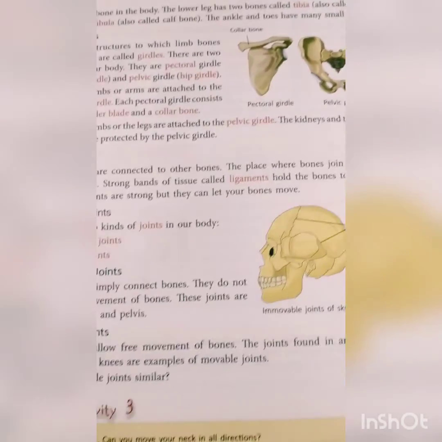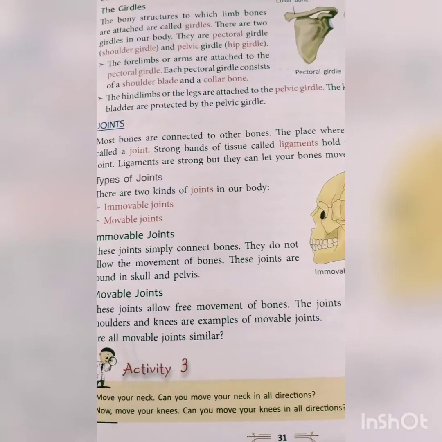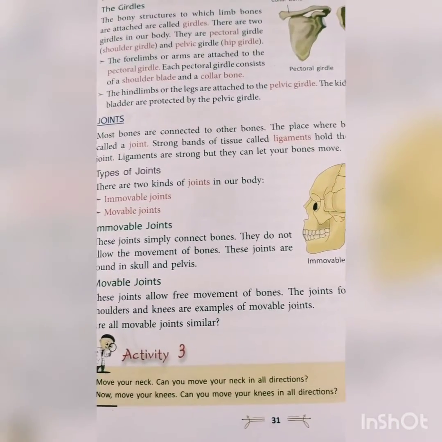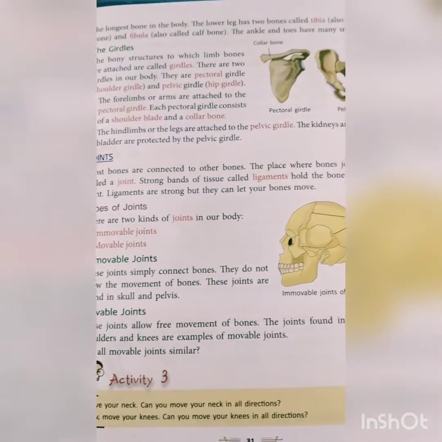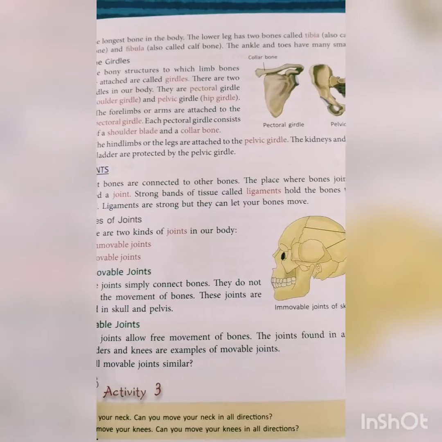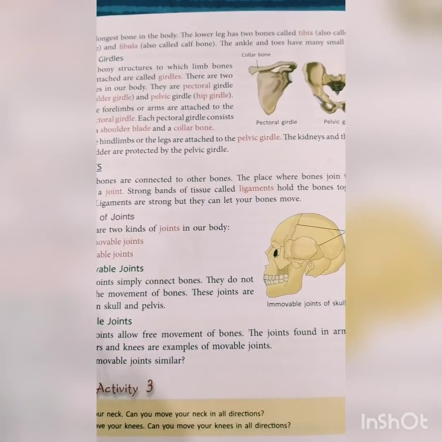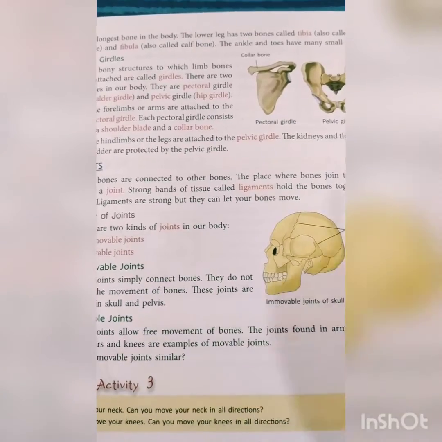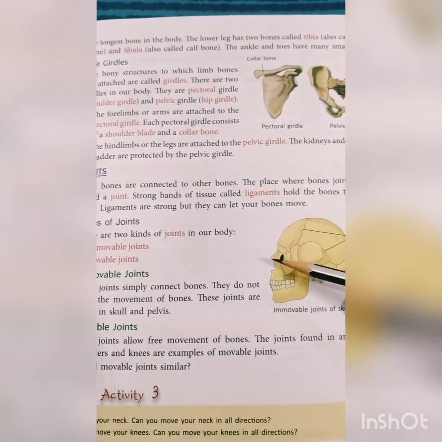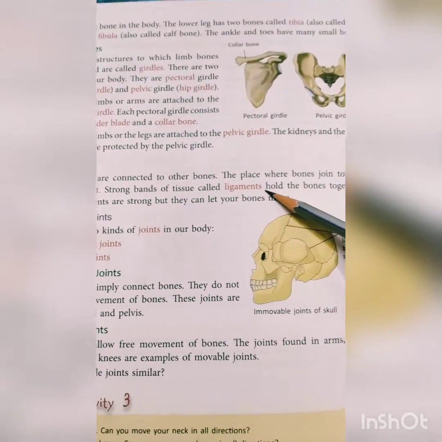Now we'll start with joints. Most bones are connected to other bones. The place where the bones join together, or the place where two bones are joined, that particular part is called a joint. And bones are joined with each other by strong bands of tissue called ligaments.